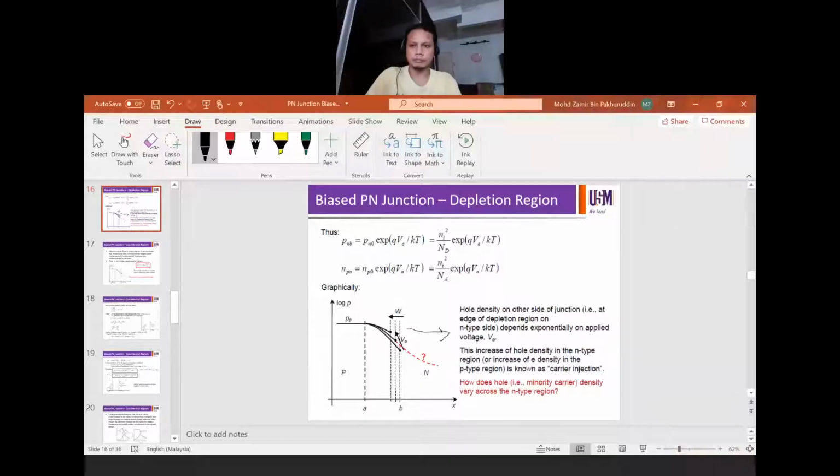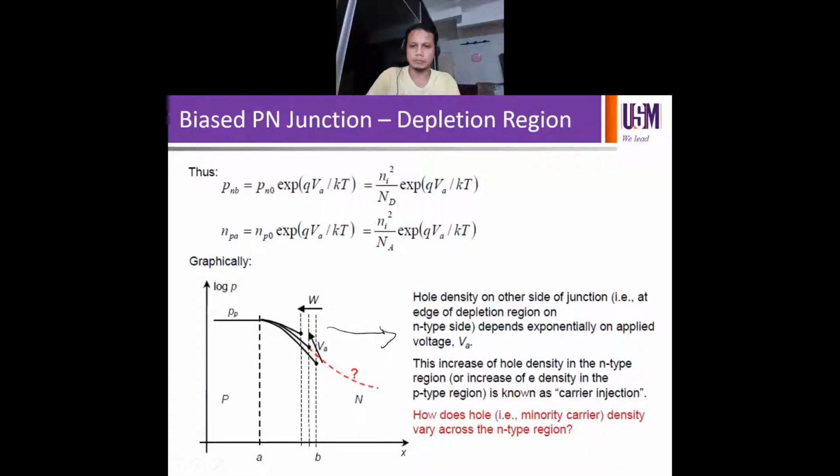Okay, let me redo it. Let me share the PowerPoint first. Can you see the PowerPoint now? Nampak tak slide? Okay, nampak? I don't know why you can't see it now. It was also shared. Anyway, let's proceed. Right, can still see, right? Okay, good.